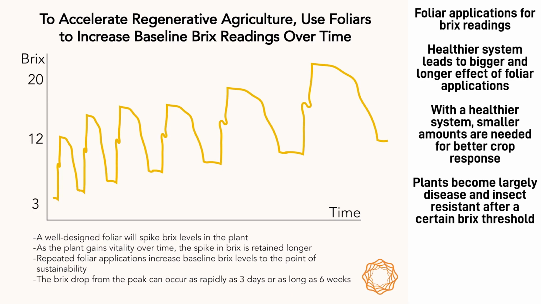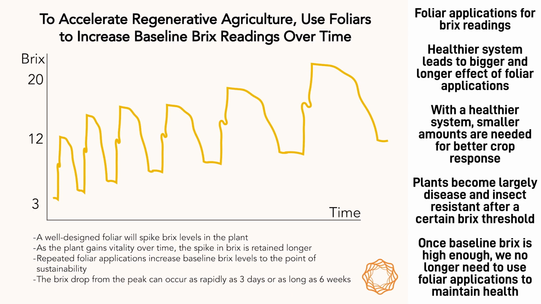But the point of this entire exercise is that over time, we want to increase the baseline such that once the baseline level Brix readings are high enough, we no longer need to use foliar applications to sustain them. Once, in this pistachio example, we get the baseline over a series of foliar applications up to a baseline greater than 16, then we no longer need to use foliar applications to maintain plant health and disease and insect resistance.